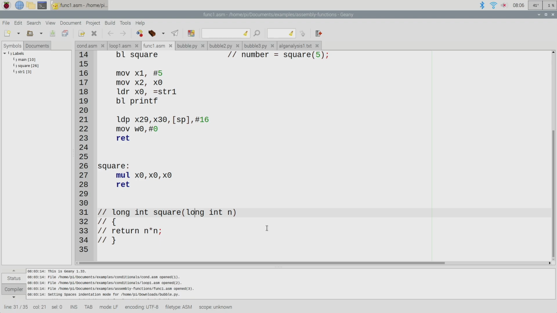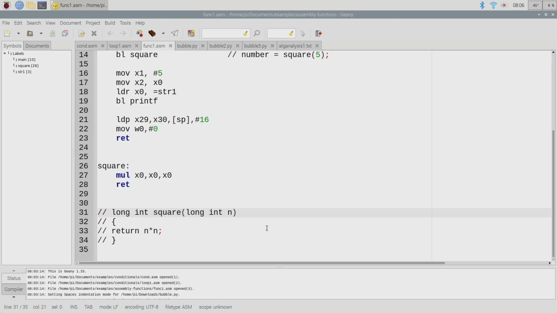In that case, the address of the format string, which is a pointer, is one of those arguments. So whenever you're writing a function in C that takes in, say, 6 values, those values would need to be placed in registers 0, 1, 2, 3, 4, and 5.